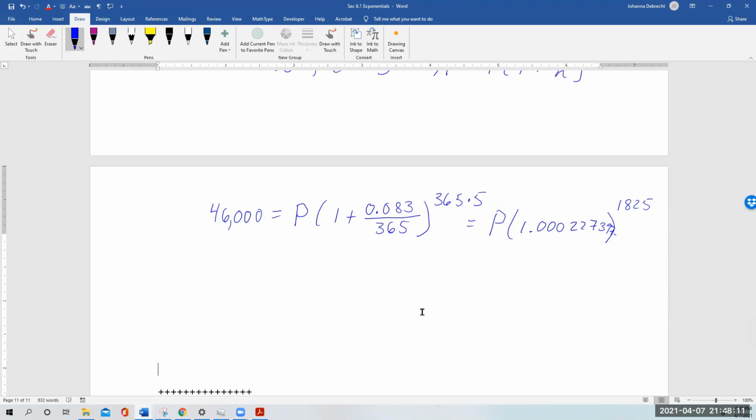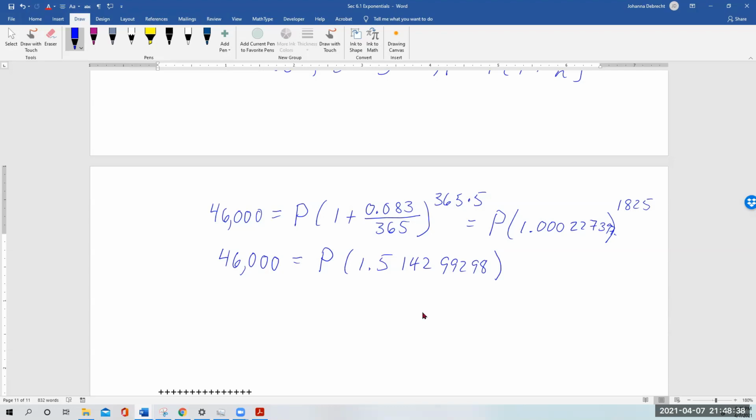Raise it to the 1,825 power, and we will be able to rewrite the entire equation as 46,000 equal to the unknown principal times approximately 1.514299298.